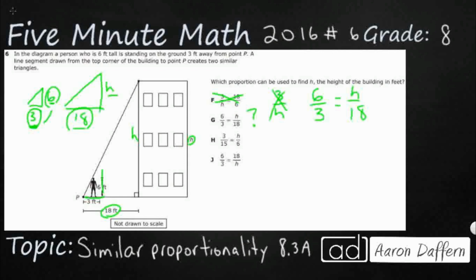Let's see what we have for H and J. Those should be wrong. Okay, so let's look at H. 3 over 15. Where is 15 coming from?